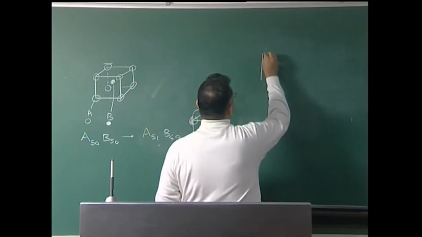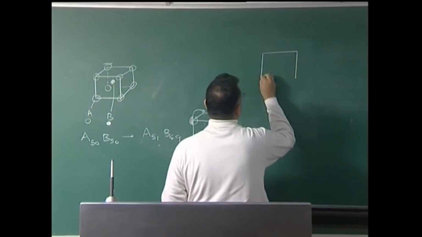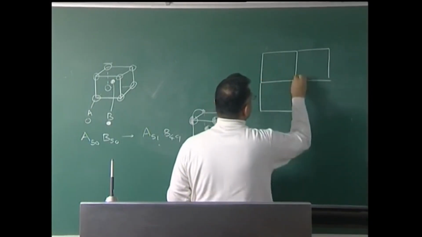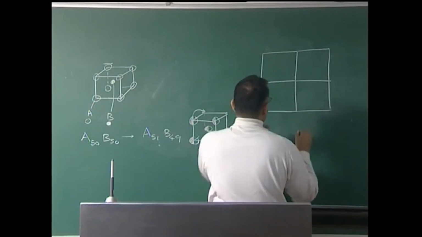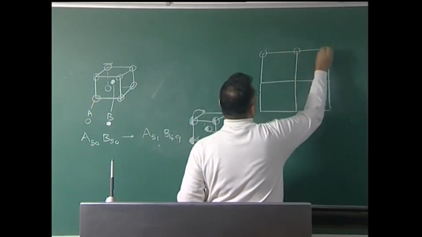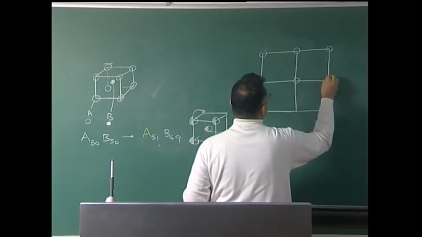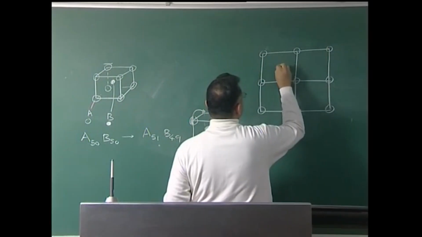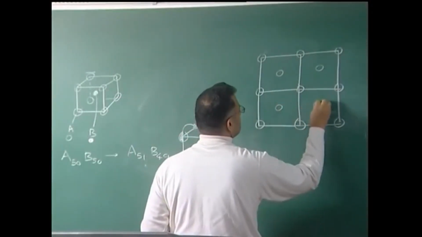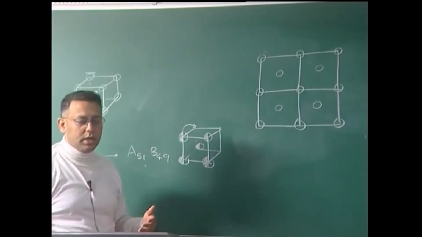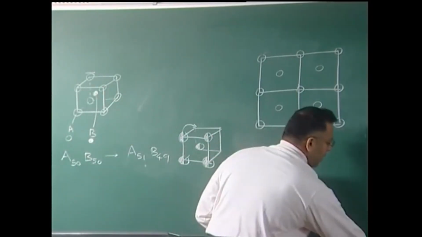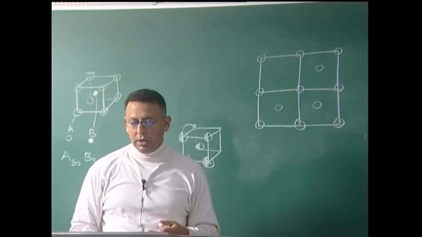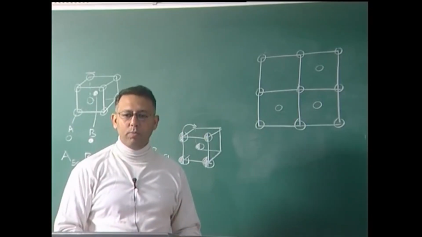So, suppose for simplicity, let me consider a few unit cells of a square kind of lattice. Now, assuming that the vacancy can be present anywhere, in other words, any one of the atoms can go missing randomly, then such a structure we can think of as consisting of random vacancies.